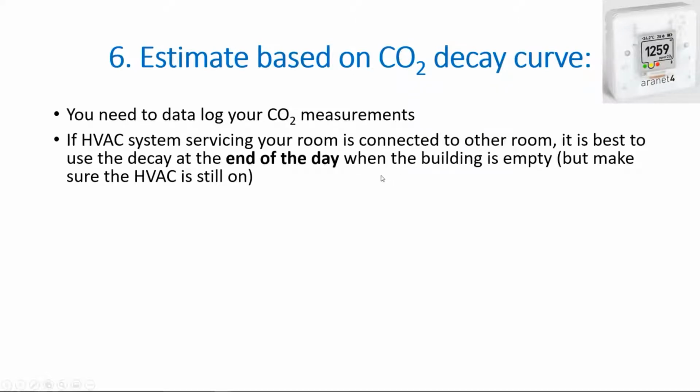And if your HVAC is shared between other rooms, you need to wait till the end of the day, till people leave the building before you use that data, because if your classroom is empty but the other classrooms sharing the ventilation system are full, obviously some of that carbon dioxide is going to come into your room, and that's not going to be a true decay curve.